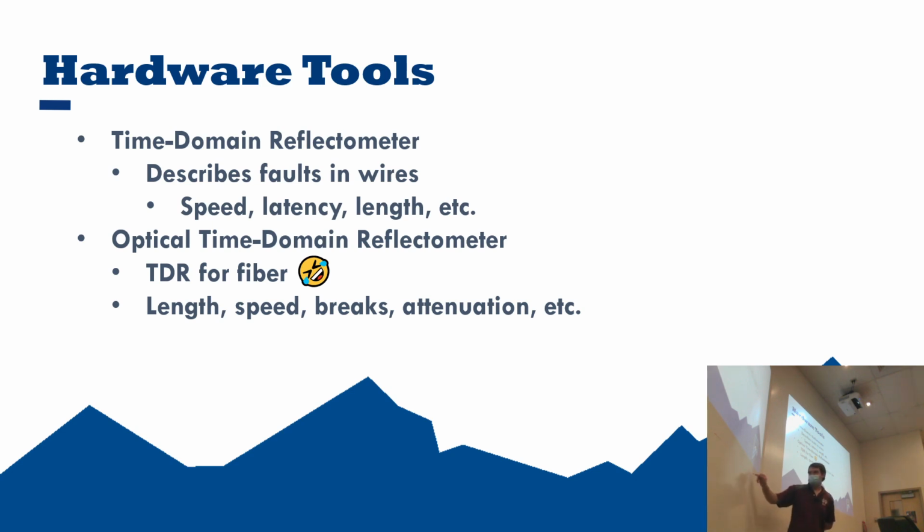If you can get it to right around here, is this a lot easier to search for than from here to here? Yeah, a lot easier to search a relatively small area than a huge area. So they don't have to be 100% to be useful. Not to mention, you may not even know where the fiber is.